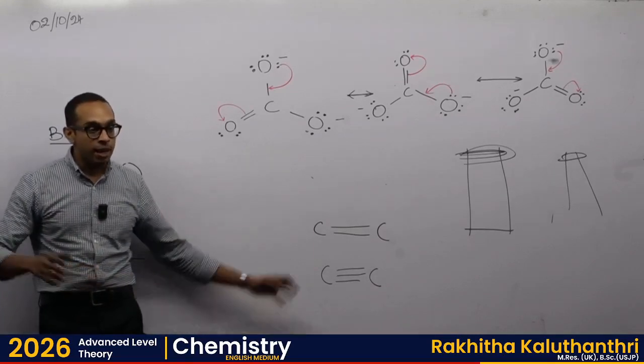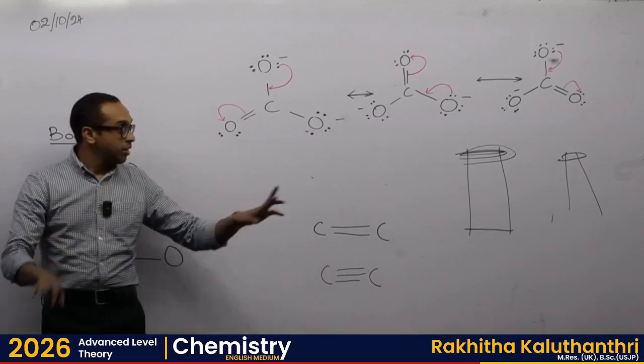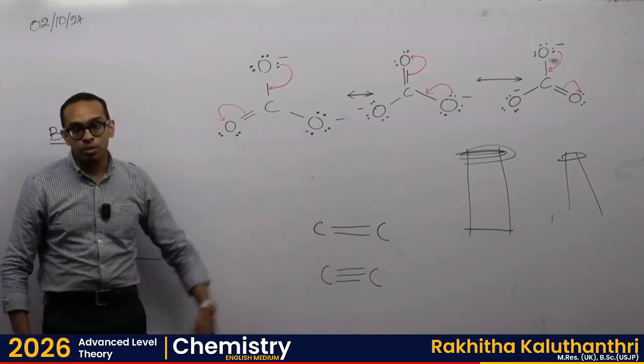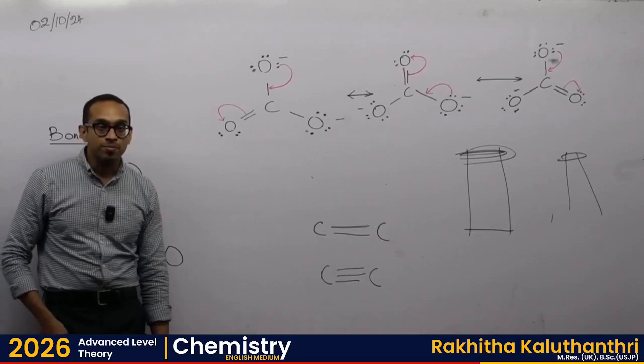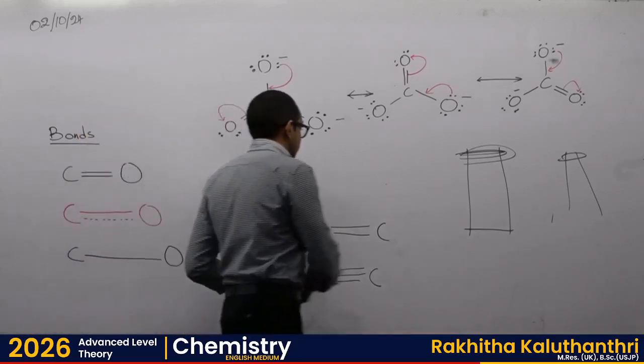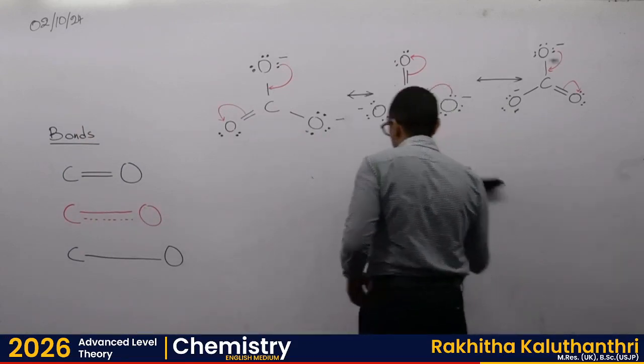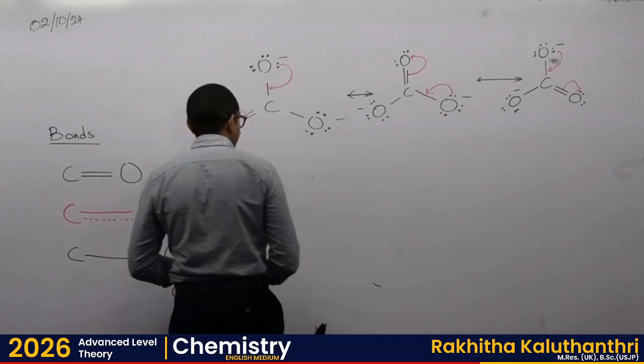Is that clear? If you put all of them together, the hybrid version of these three structures is what we observe. Is that understood? So according to that, what you have is a structure like this, and we call those resonance hybrids.